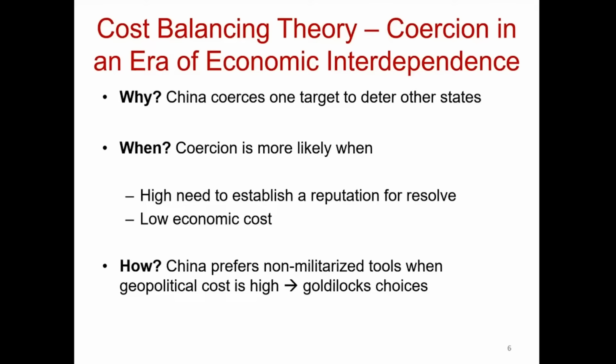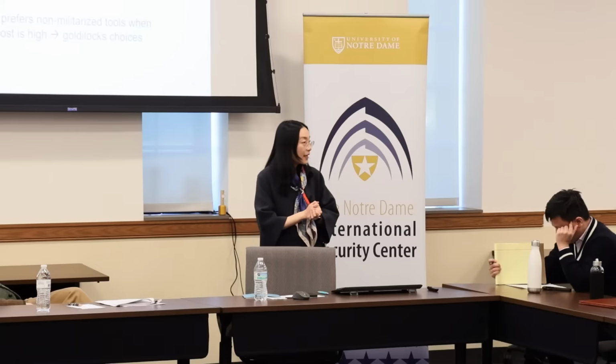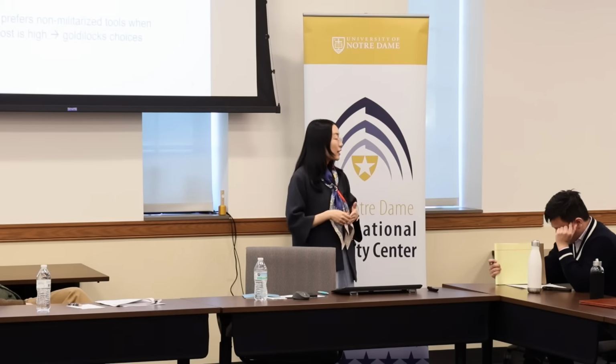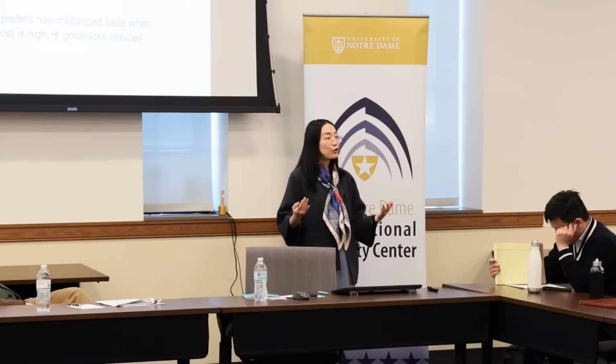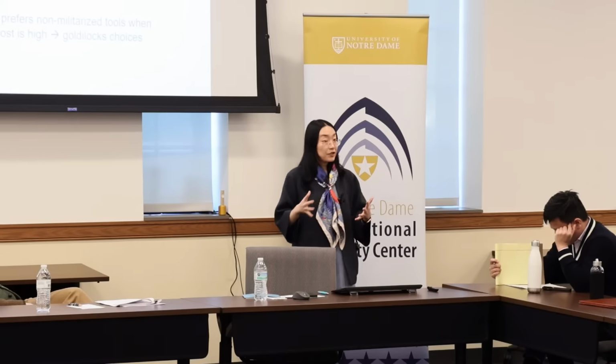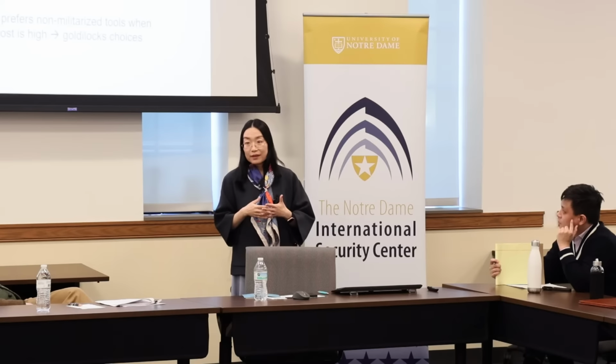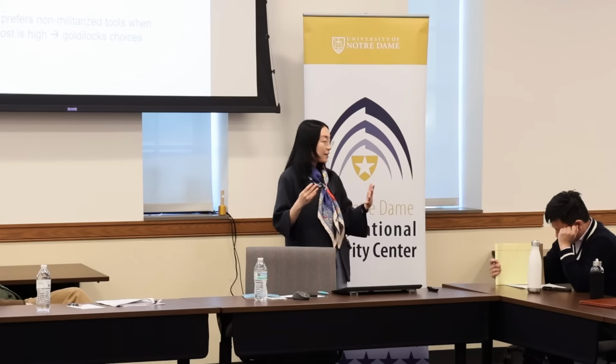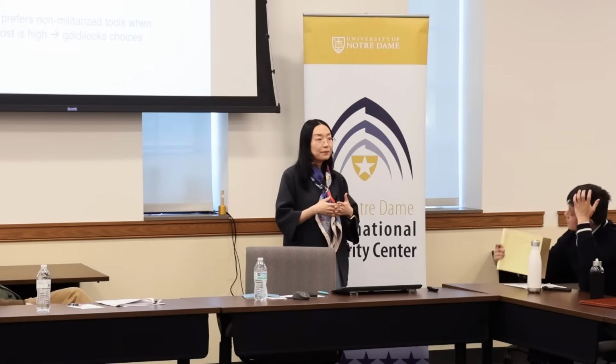And finally, I argue that China prefers to use non-militarized coercive tools when the geopolitical backlash is high. By geopolitical backlash, I mean concerns about the dispute escalating into a militarized confrontation if military coercion is used. This often leads China to adopt Goldilocks choices; that is, using coercion, but for fear of escalation, keeping it at the non-militarized level.